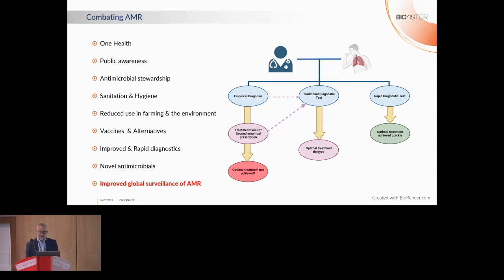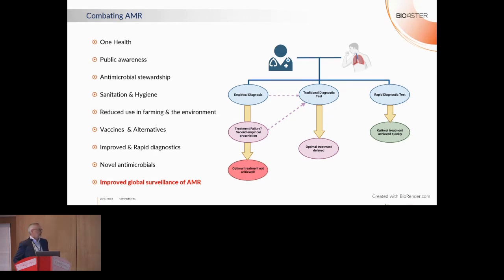Where I think data science can really help us is improve global surveillance of AMR. The accuracy of global surveillance of AMR is sadly lacking, and I think partly this is because of reporting, but partly because of the tools that are used to carry out this surveillance.